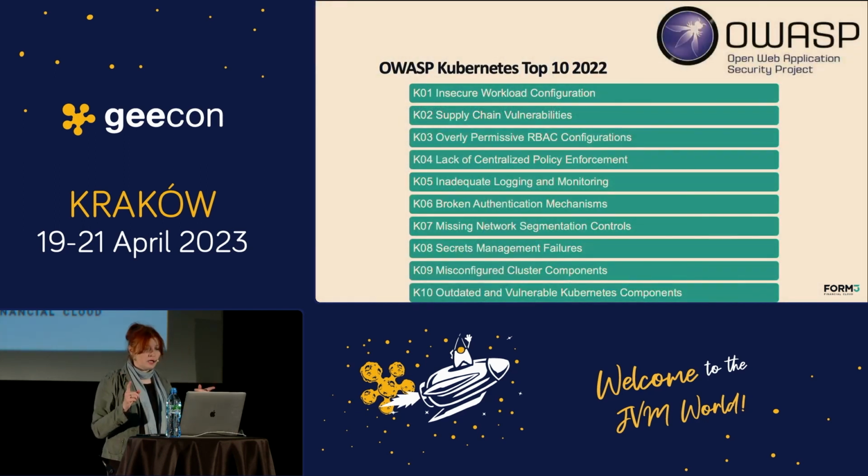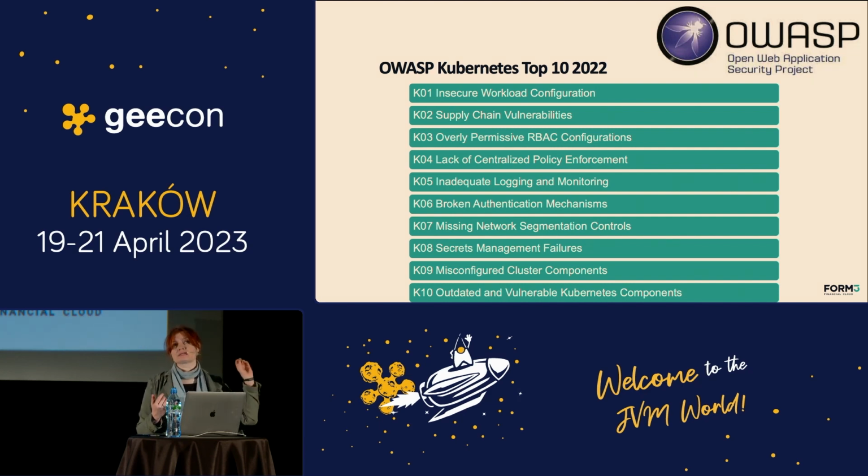Now it's time to dive into the OWASP top 10 security risks. Who knows OWASP? I think everyone. OWASP is a non-profit organization aiming at increasing security awareness among developers.